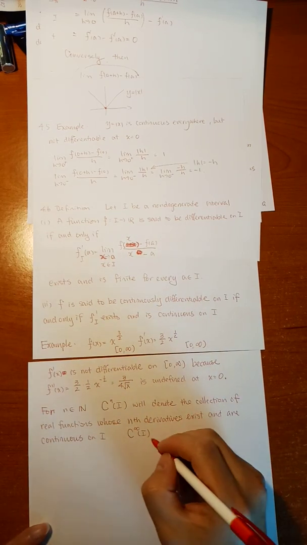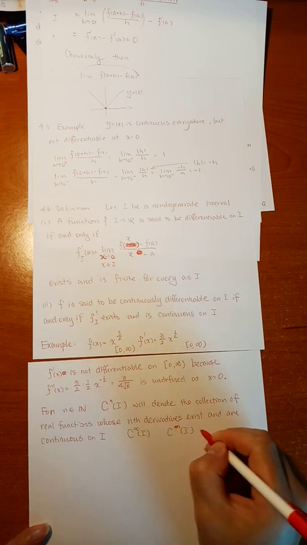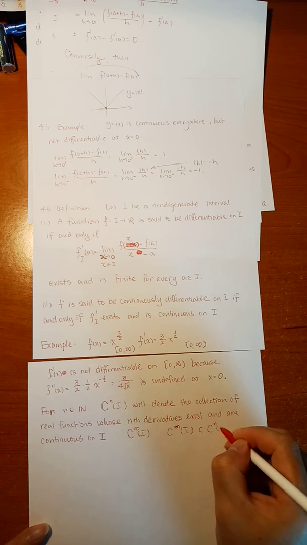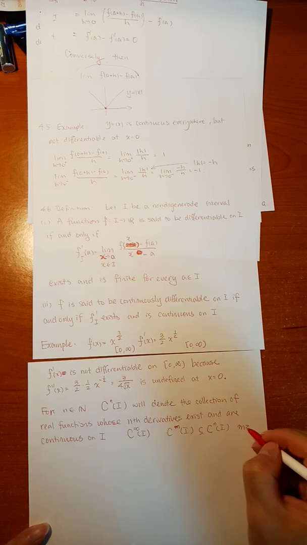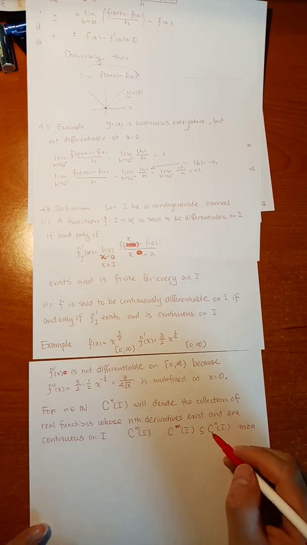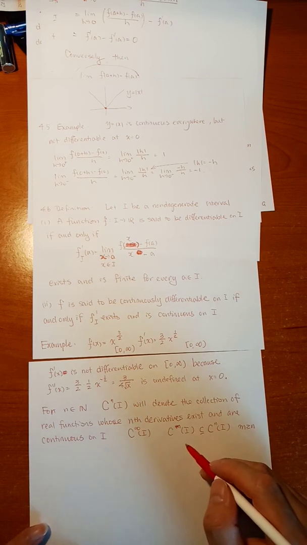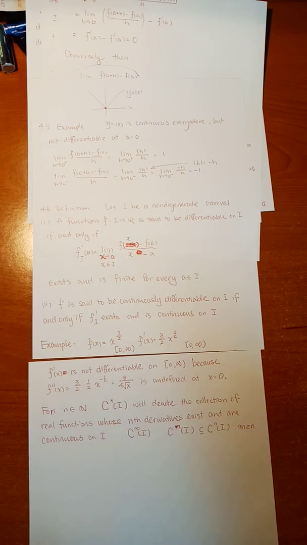Also we know that C^m(I) is included in C^n(I) if m is greater than or equal to n. Some function has a continuous nth derivative, but it may not have a continuous higher derivative. So we have this inclusion.